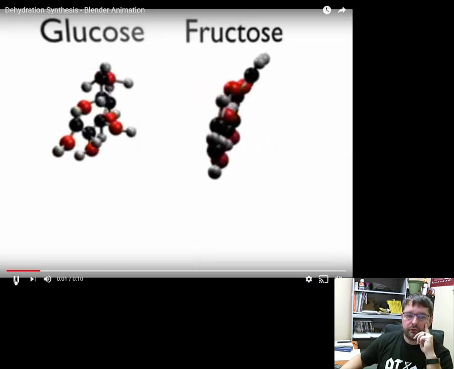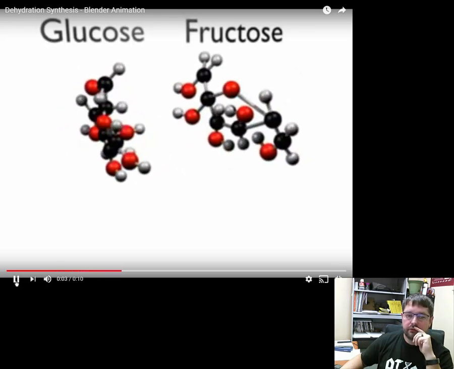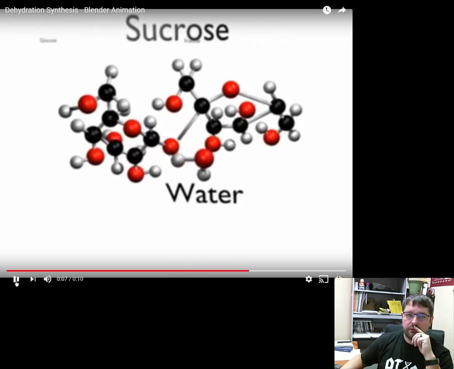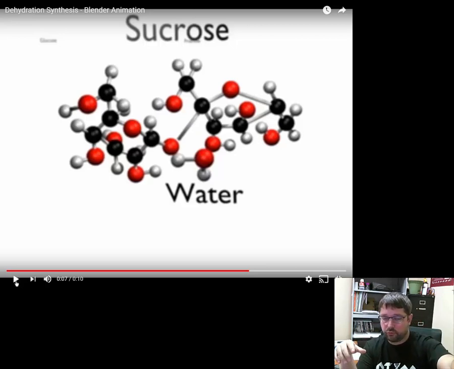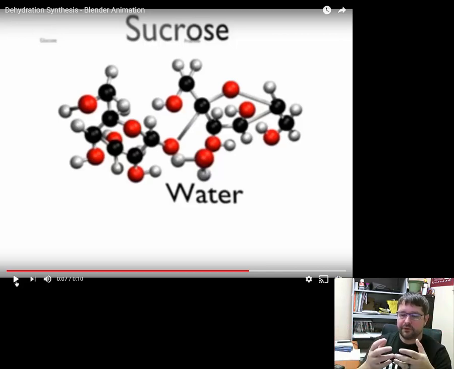So there you can see. We can watch it again real quick. We've talked about the forming of this molecule before. We have glucose on one side, fructose on the other side. They come together.